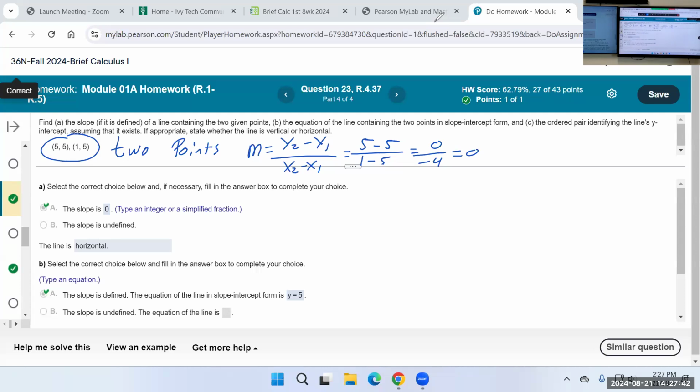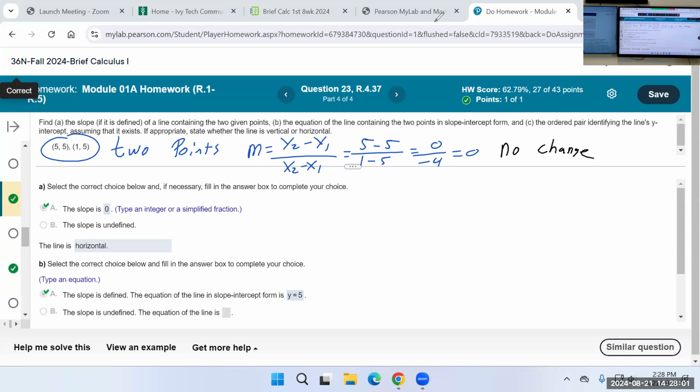What does that mean? The slope is 0. That means that this function is a constant. There's no change at all. The rate of change is 0.